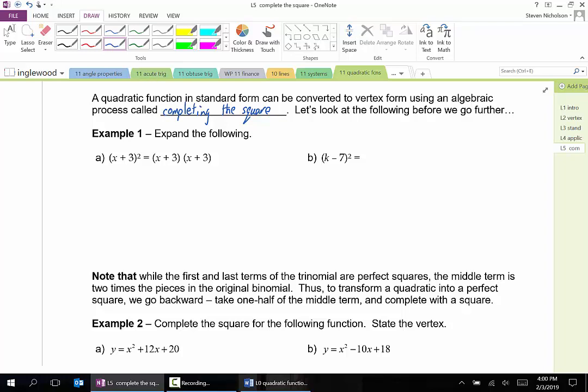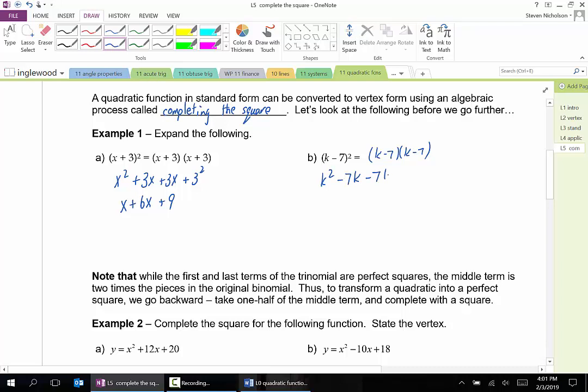So if we expanded out (x + 3)^2, here's what we would get, which would look like this when you combine like terms. And if we looked at (k - 7)^2, that's equal to (k - 7)(k - 7), which would look like this.